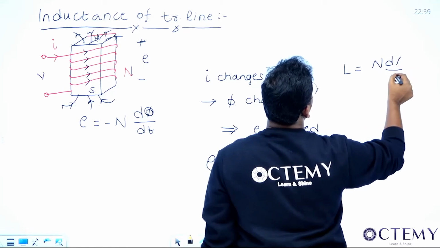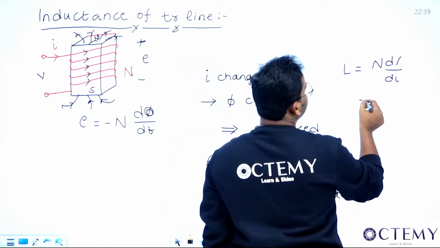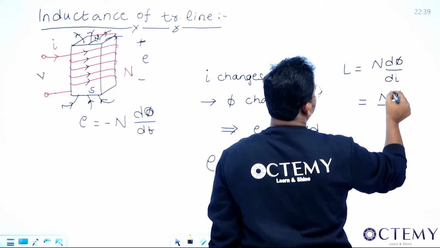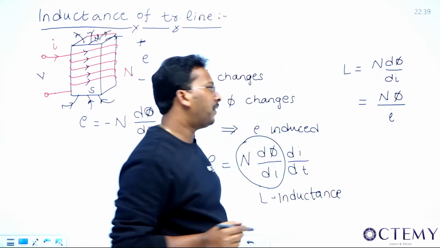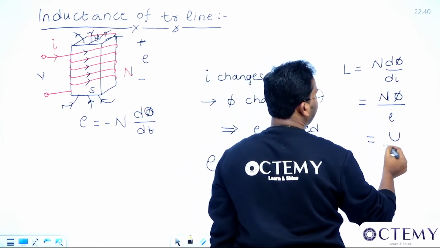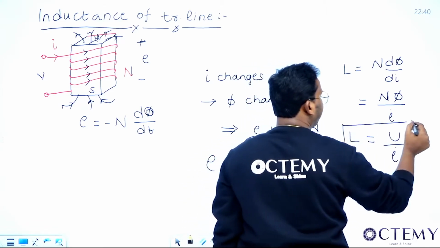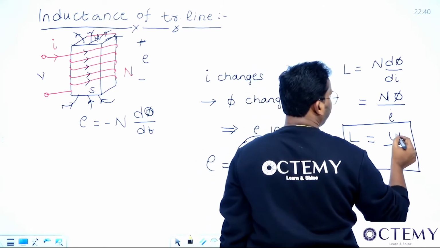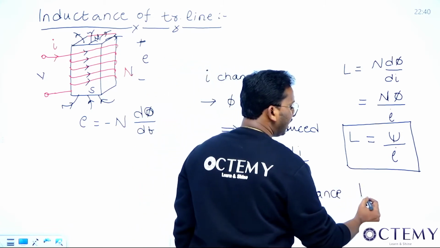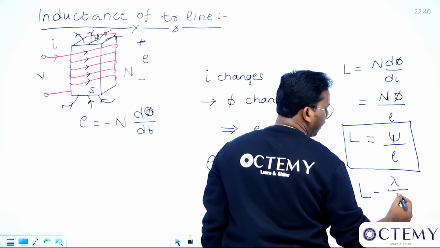If the magnetic circuit you are taking is assumed to be linear, then I can write this as N phi by I. Now, N phi is the number of turns times flux, so this will be called the flux linkage, psi, divided by I. So the formula for inductance is L equal to flux linkage by current. Since we are talking about alternating current and alternating flux linkage, I can write this as lambda divided by I.